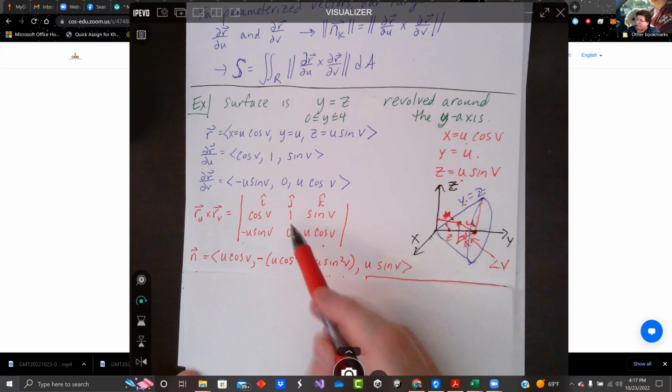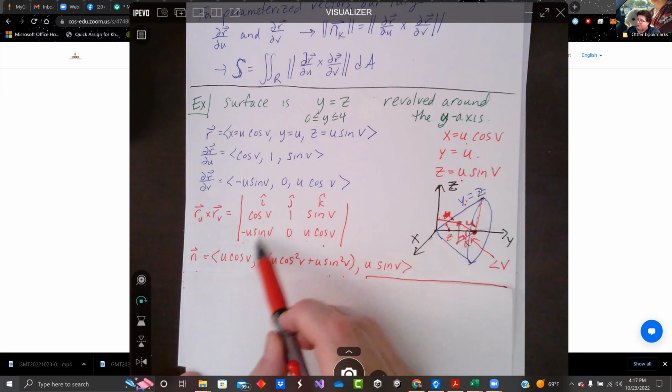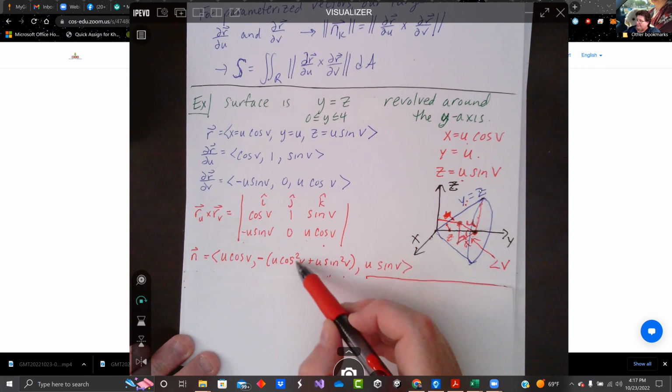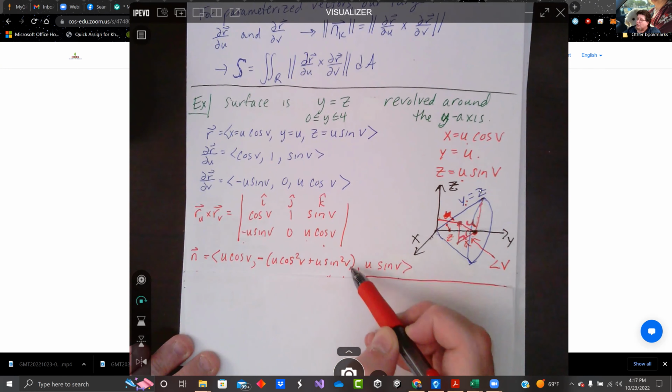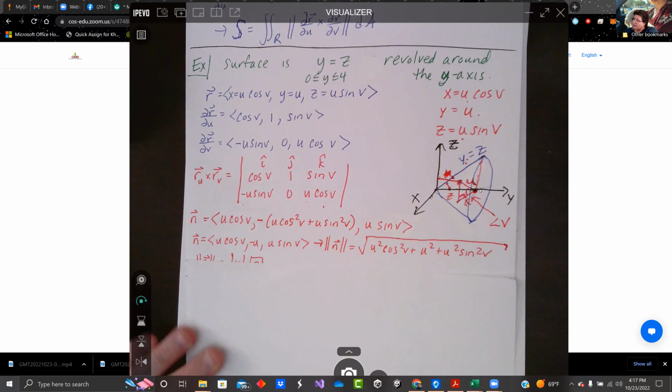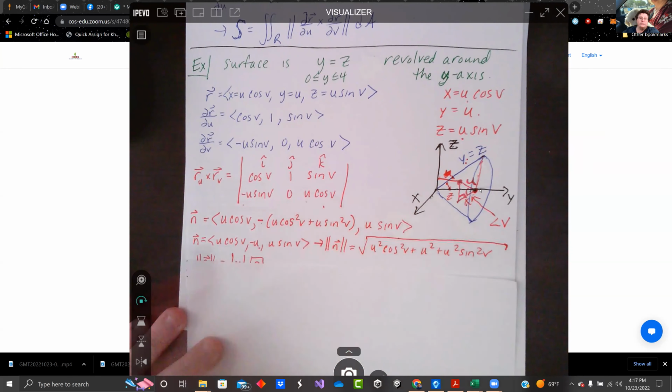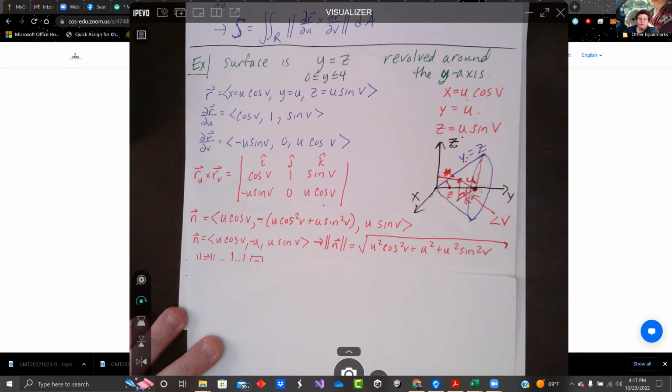And then for our k component, u sine v. You'll notice that we could factor out a u and have cosine squared plus sine squared, which will cancel, just giving us a u there. So negative u will be our middle component. So the normal vector is u cosine v, negative u, and u sine v.